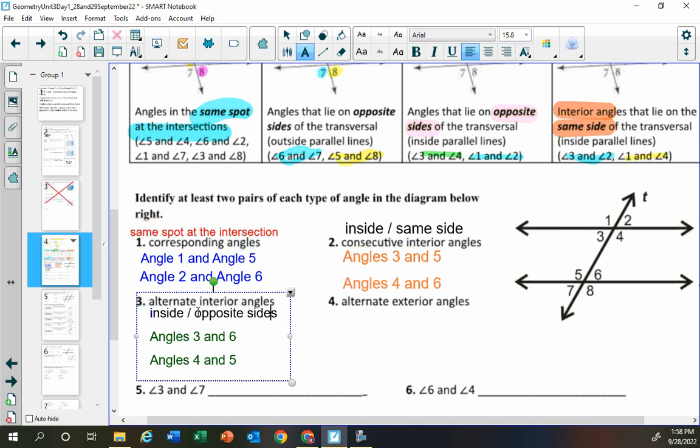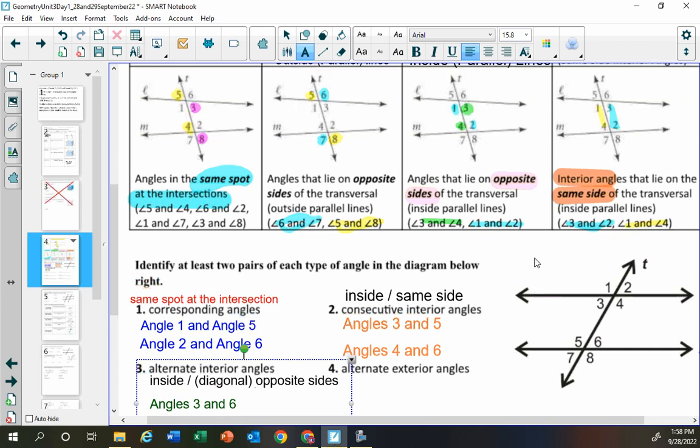So it should be like a diagonal. So we better be careful with inside opposite. So diagonal opposite. That's it. Diagonal opposite.